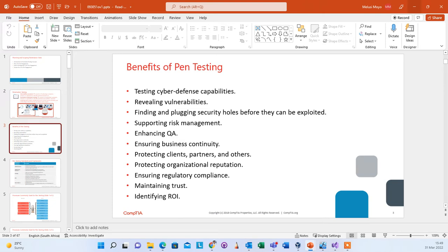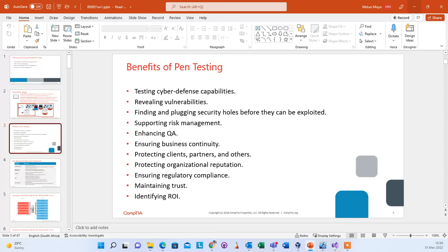And then pen testing also helps us maintain trust with our clients, customers, and partners, all of those, right? If our clients and partners know that we have the best measures in place to protect their property, their resources, and their infrastructure, then there is trust between us and the client.